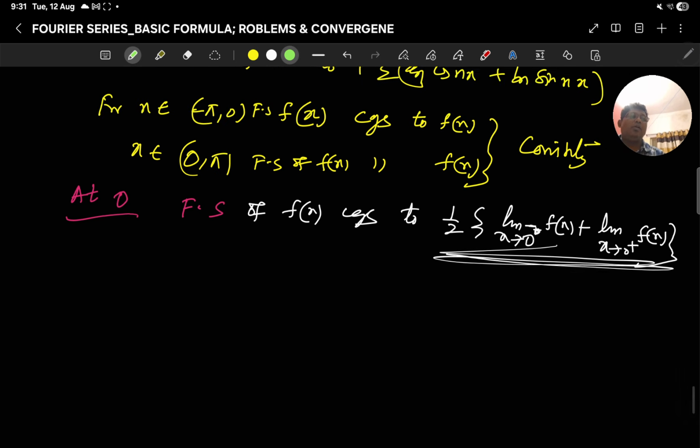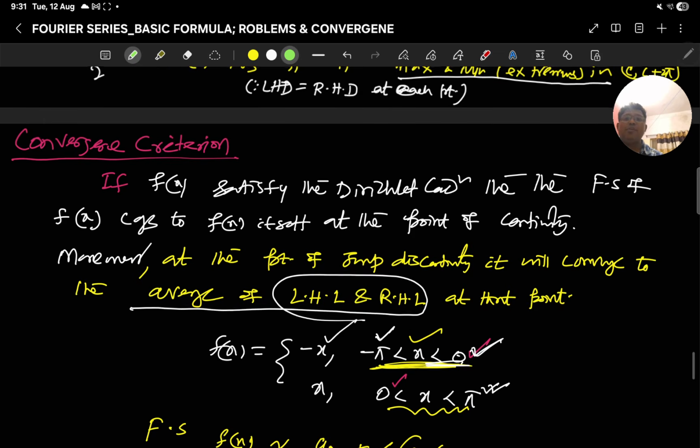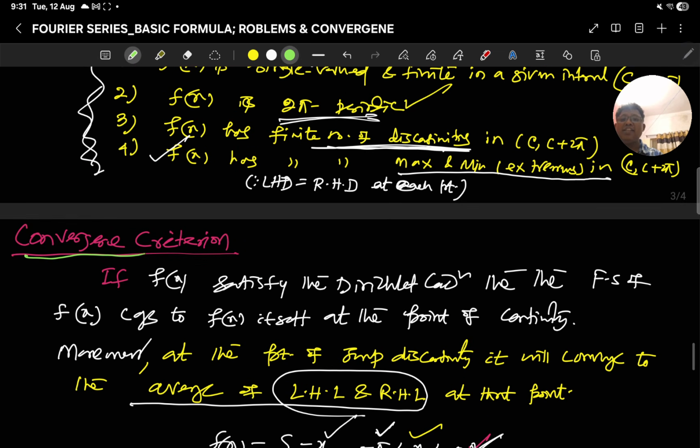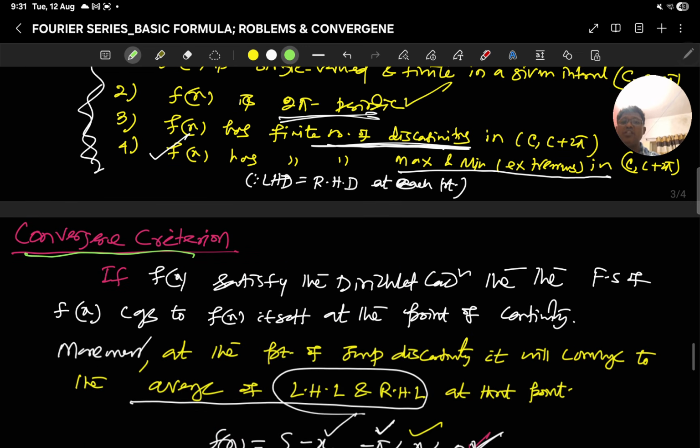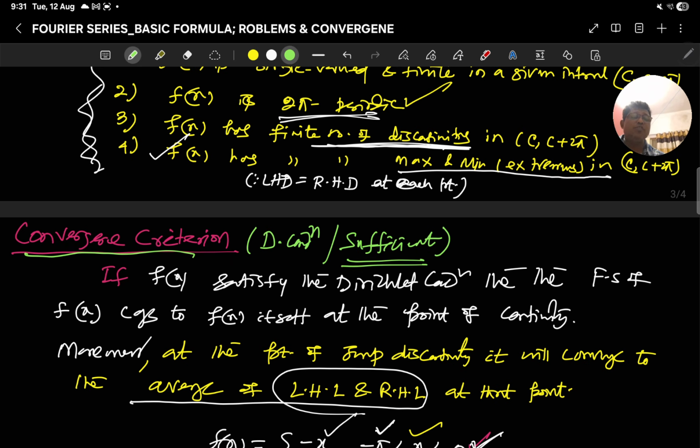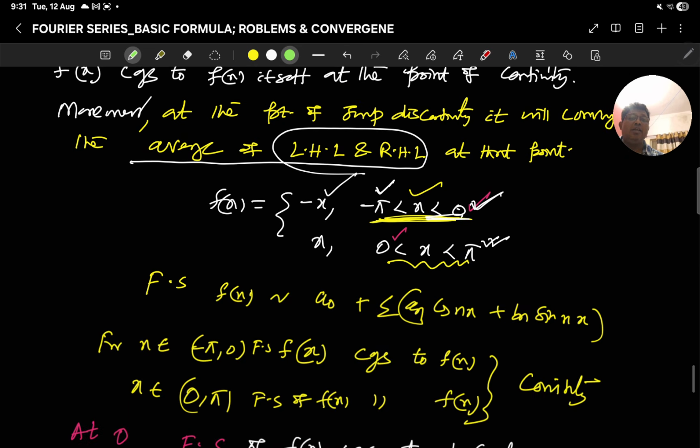So this is what the Fourier series of a function does, and the convergence criterion is followed by the Dirichlet's conditions. But this condition is sufficient only, not necessary. Even if this condition doesn't hold, still the Fourier series may converge.